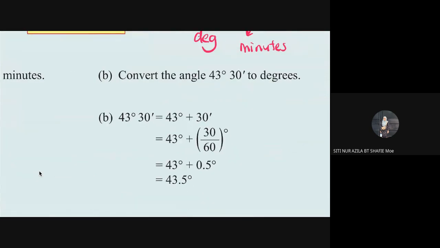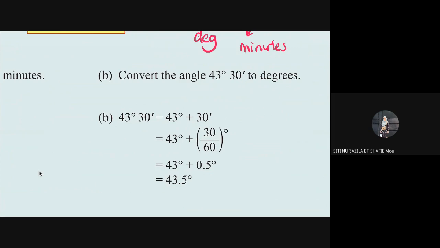So how to do that? 43 degree plus 30 minutes. Then 43 degree, just write it down that way. 30 minutes, convert to degree, divide by 60. So 30 divided by 60 is 0.5. Add this, we will get 43.5 degree.